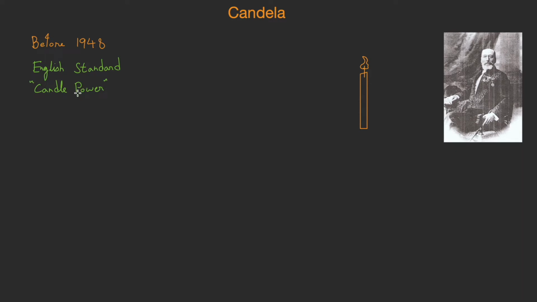So, what is candle power? One candle power was the light produced by a pure spermaceti candle that weighed about 76 grams and burned at the rate of 120 grains per hour. 120 grains is equal to 7.8 grams per hour.